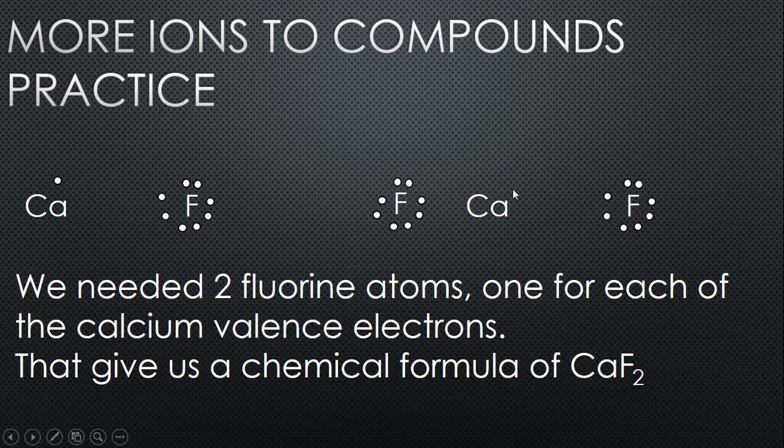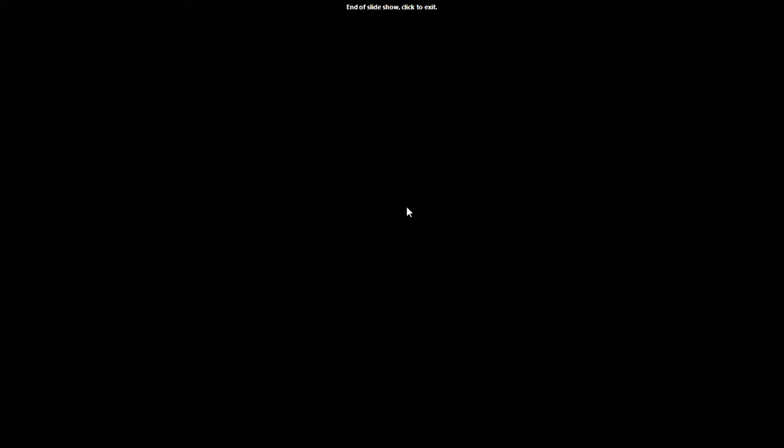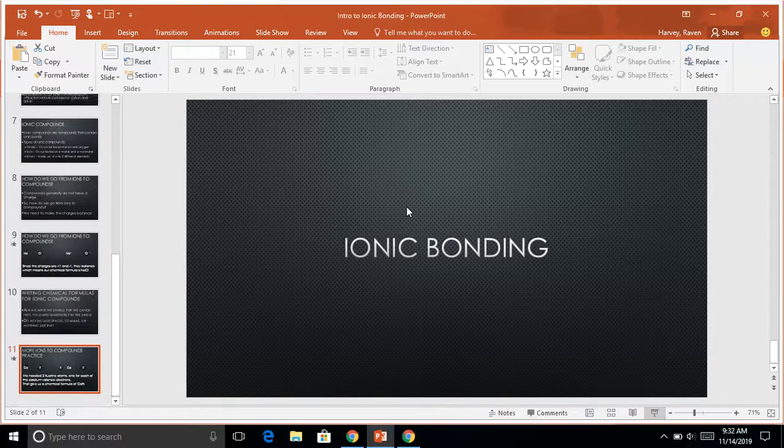And then my positive charge had a +2. They balance. So my charges have balanced. And so my chemical formula would be CaF2, because I have 2 fluorines. Okay? And that's the end of your notes today.